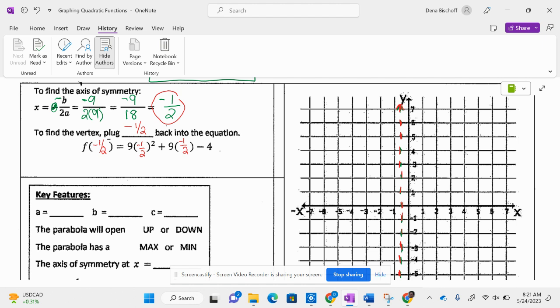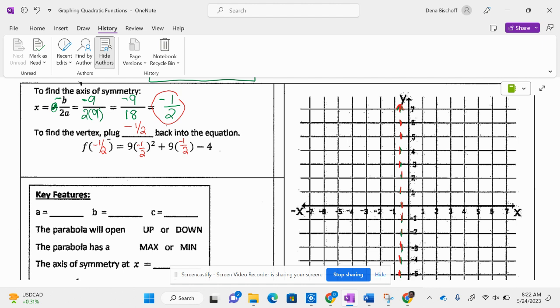Are we there? Plus 9 times parenthesis -1 divided by 2, close your parenthesis, -4. So 9/4 plus the -9/2. Where's the caret symbol?